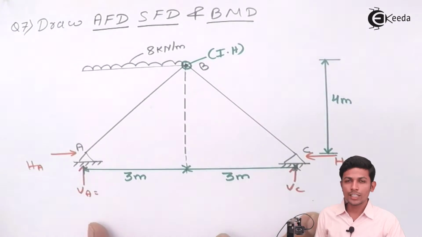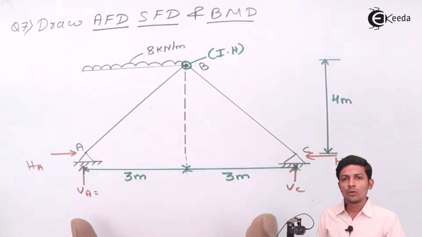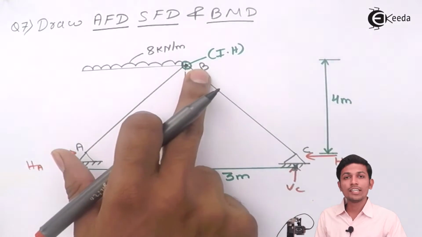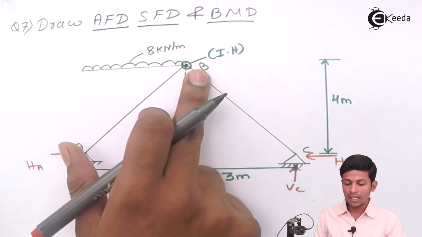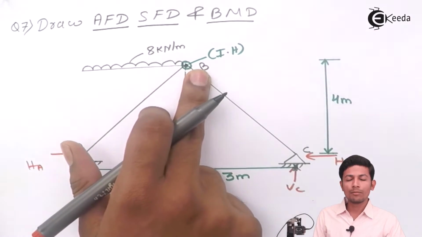Since both supports are hinged, it's an indeterminate structure. To make it determinate, we have given the internal hinge at point B.